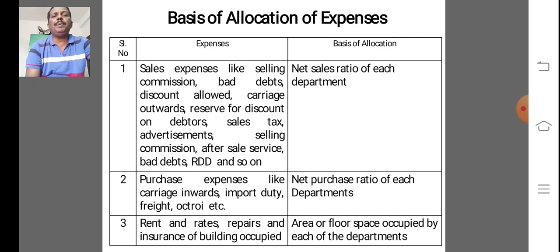And the second one, purchase expenses like carriage inwards, import duty, freight, octroi, etc. will be allocated on the basis of net purchase ratio of each department.